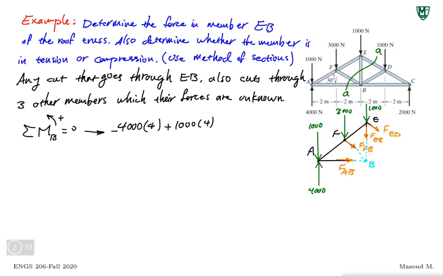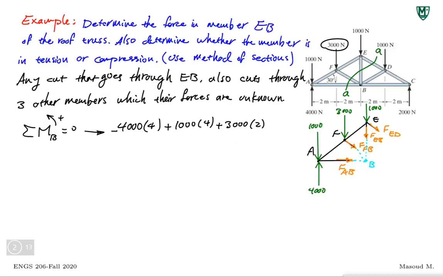I have 3,000 there. The perpendicular distance from that 3,000 Newton force to joint B is 2 meters. It's going to create a positive moment, so that would be plus 3,000 times the distance, which is 2.